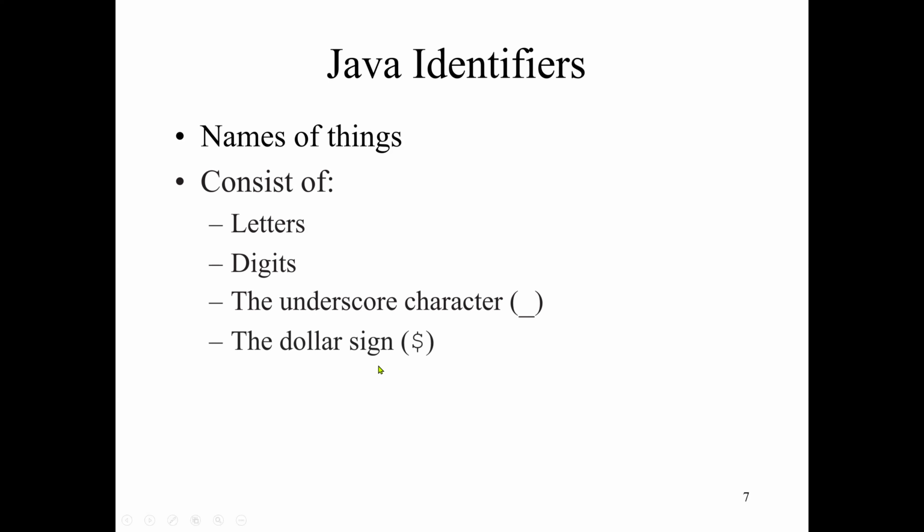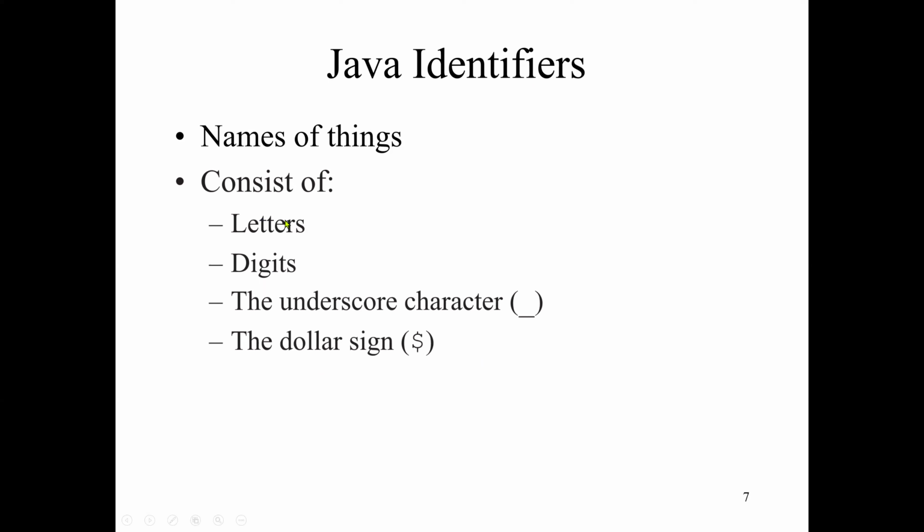So the name of a class, the name of a method, or any Java identifier must use only these. For example, we cannot use any other symbol such as question mark or comma or space.